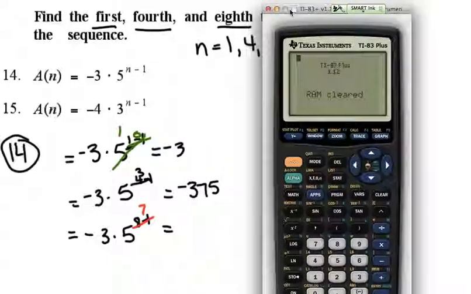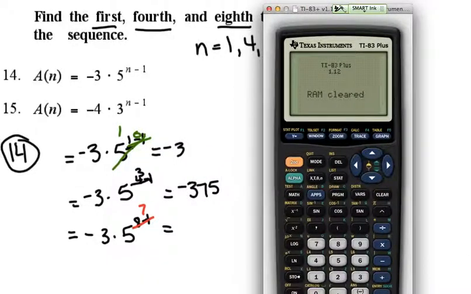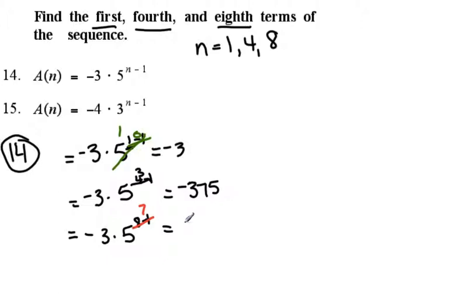So we've got negative 3 times 5 raised to the power of 7, and that equals negative 234,375. And there you go.